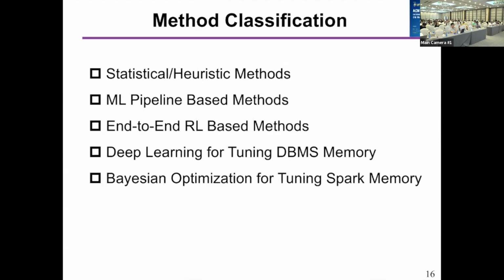And for deep learning, they also rely on some training data that captures the relation between the metrics and knobs. And the last one: there are also some works on tuning memory-based databases, for example, database and Spark, tuning the buffer size.